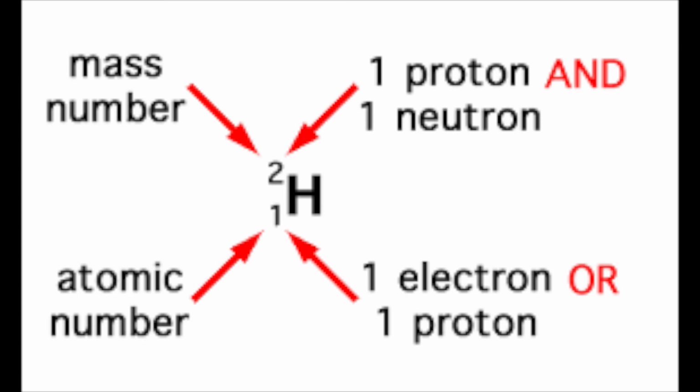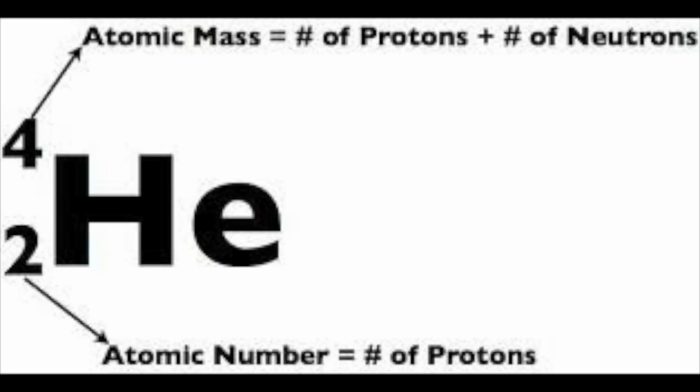The mass of the electrons relative to the mass of the protons and neutrons is insignificant. Therefore, if you know the atomic number, the number of protons, and the mass number, the sum of the protons and the neutrons, you can easily calculate the number of neutrons. Number of neutrons equals mass number minus atomic number.